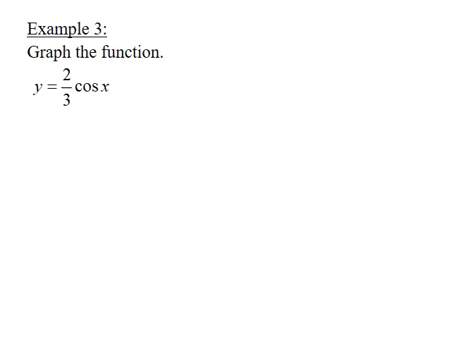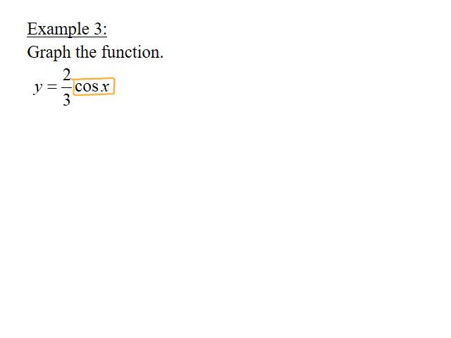So let's take a look at how we would sketch a graph of this. Now, when you see cosine, I want you to think that the graph is going to start and end at its maximum, and halfway between it's at its minimum.